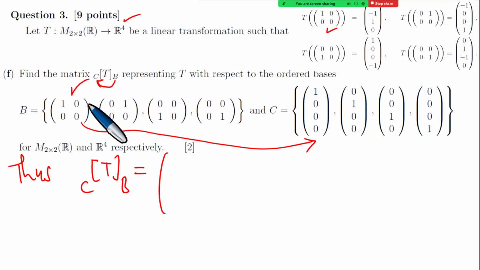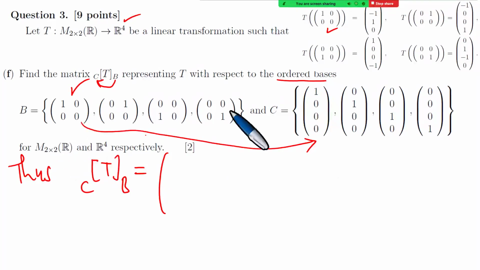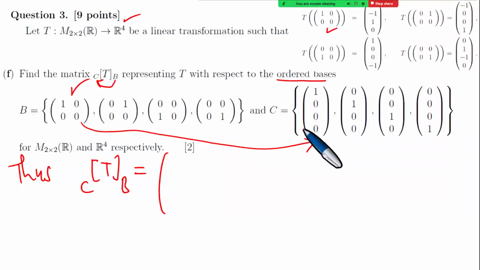It means that the 1000, but it's ordered, because it's an ordered basis, so we look at the first vector. The first vector can be written as a linear combination of the 4 vectors on the image side.